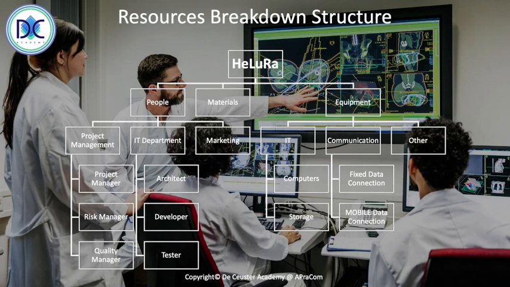For equipment in IT, we have computers and data storage. And for communications, I looked at fixed data connection and mobile data connection. So these are elements related to the resources. We have people, material, and equipment resources.